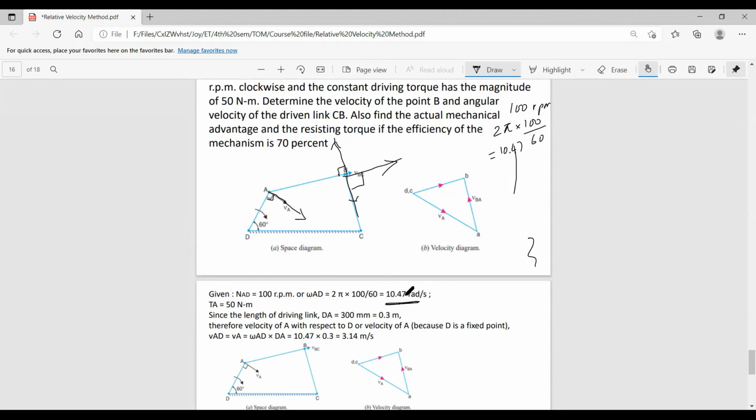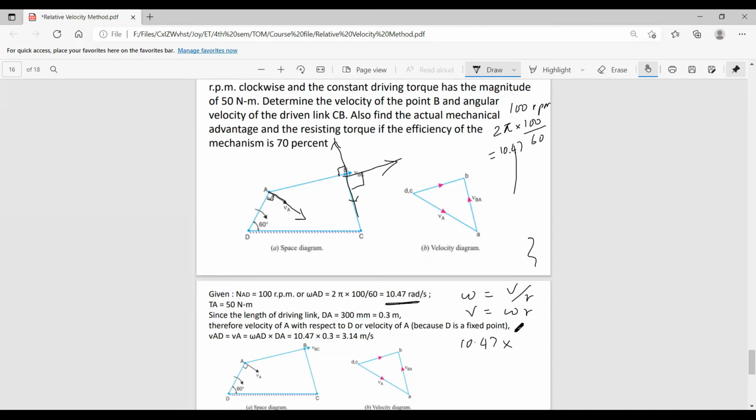Now we are drawing the velocity diagram, but what I have is the angular velocity. From angular velocity, I need to go for the velocity. Omega is equal to V upon R, which means V is equal to omega into R. My omega is 10.47 rad per second into radius.